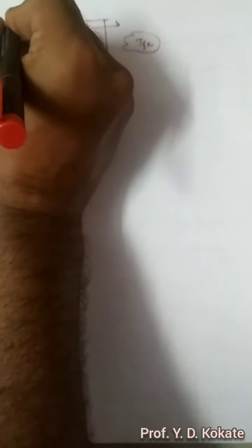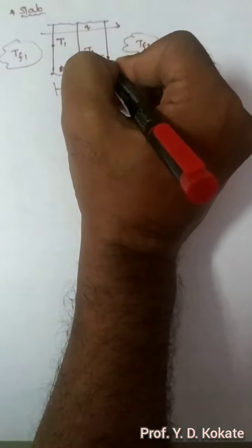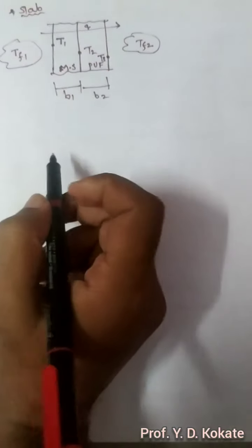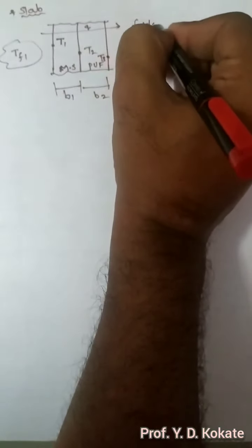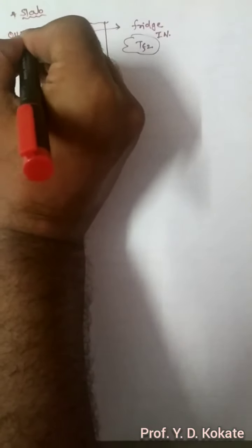Now I will take random temperatures over here. So this is T1, which is higher than T2, and T2 is higher than T3, and T3 is higher than TF2. Like this heat gets transferred because the inner side of the fridge temperature will be very low. This is the inner side, this is the outer side.